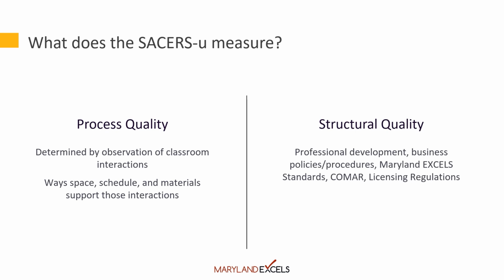Process quality is determined by observation of the various interactions that take place in a classroom, between adults and children, between parents and staff, between the children themselves, and the children with the materials and activities. Space, schedule, and materials supporting those interactions are also part of process quality. Structural quality comprises professional development, business policies and procedures, topics covered by Maryland EXCELS standards, COMAR, and other child care licensing regulations.